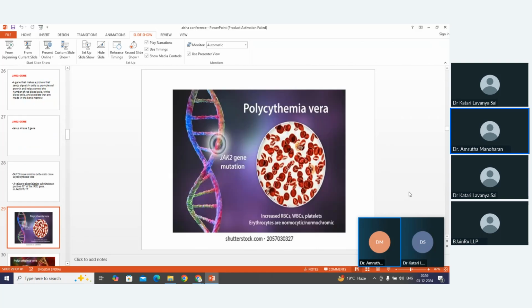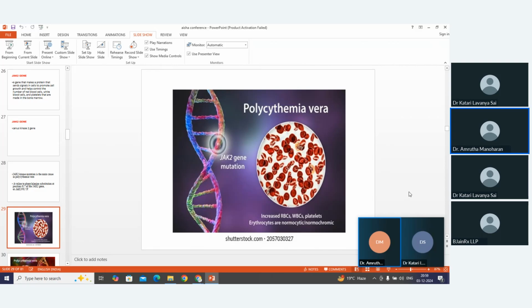Next slide, we are now dealing with the symptoms of polycythemia. Normally, no patients will directly come to you saying that they have polycythemia. A patient is usually accidentally diagnosed, because when we are testing blood pressure, sometimes the hemoglobin level is higher, and the peripheral blood smear also shows polycythemic features.